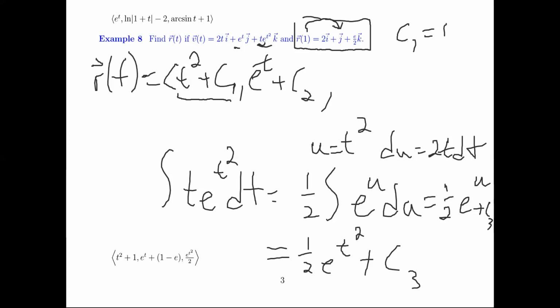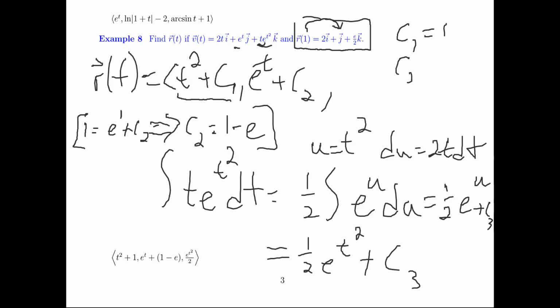So let's write that here. We get 1 is equal to e to the first plus c2, which tells us that c2 is equal to 1 minus e. Okay, C2 is equal to 1 minus e.